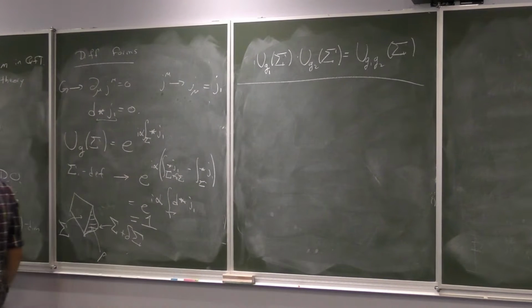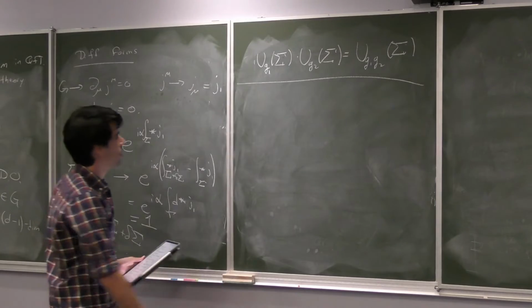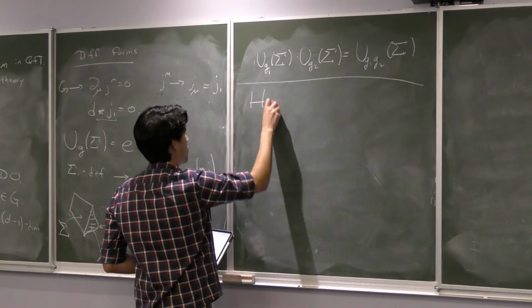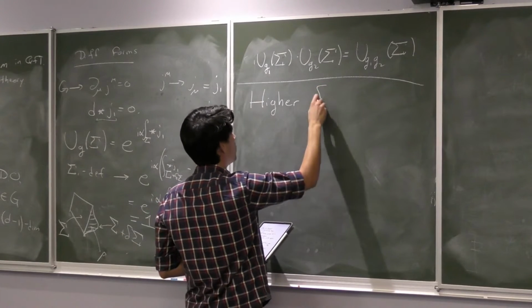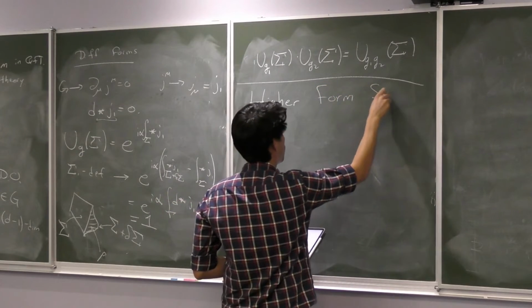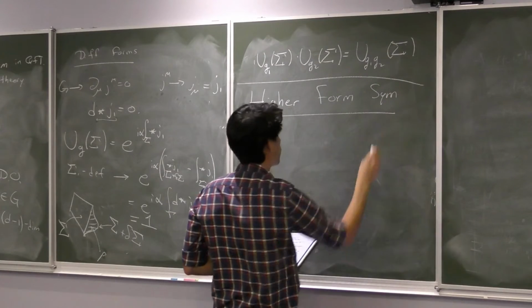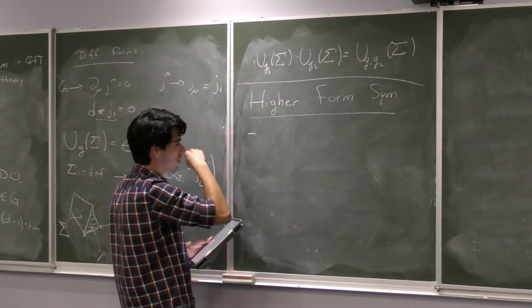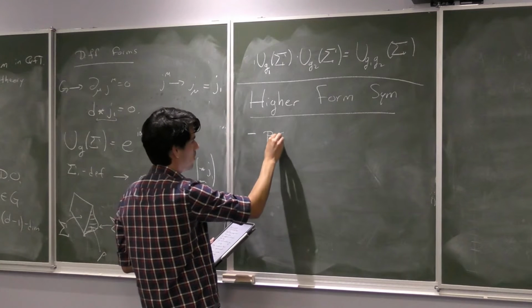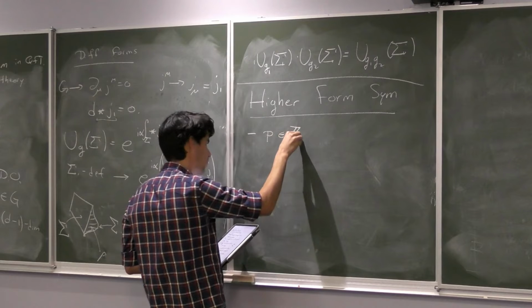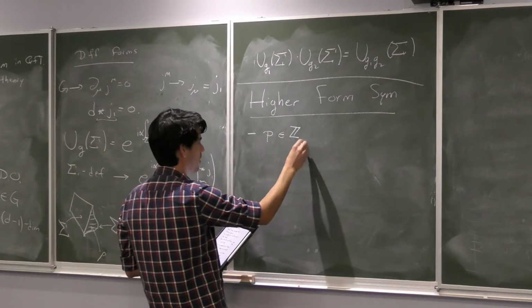And I want to emphasize that the symmetries we were talking about are explicitly acting on local operators. But more generally, you can have symmetries that act on higher dimensional operators. These are what we call higher form symmetries. For a higher form symmetry, you have to specify the dimension of the operator that your symmetry acts on.